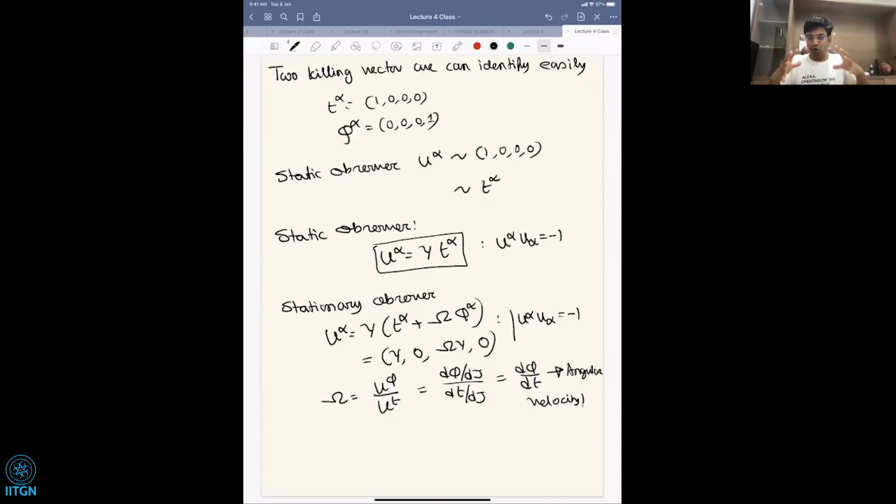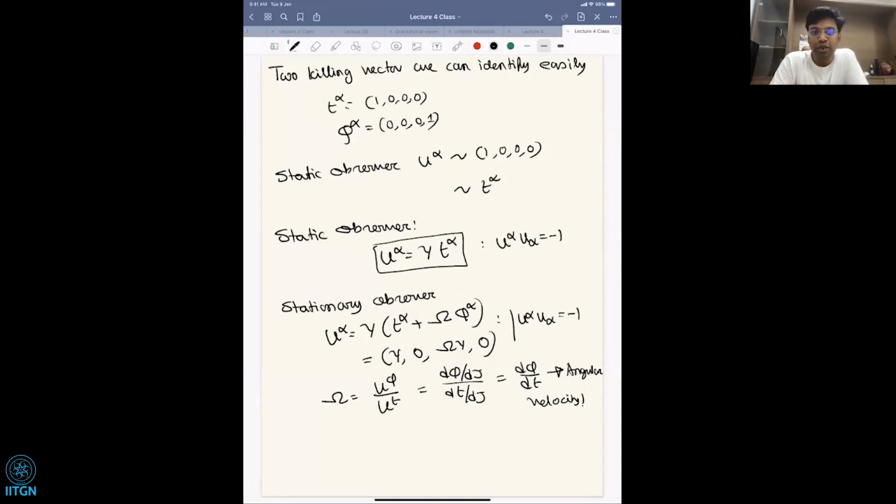It means for the photons, R does not change. Okay, is this clear? So the photon always remains at R equal to constant. Therefore the R equal to constant surface is the null surface itself. So these are called non-expanding null horizons.